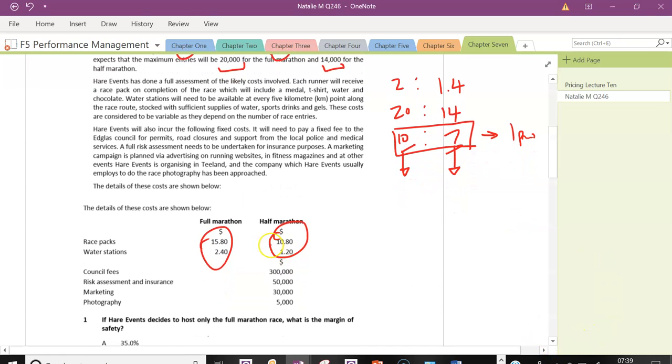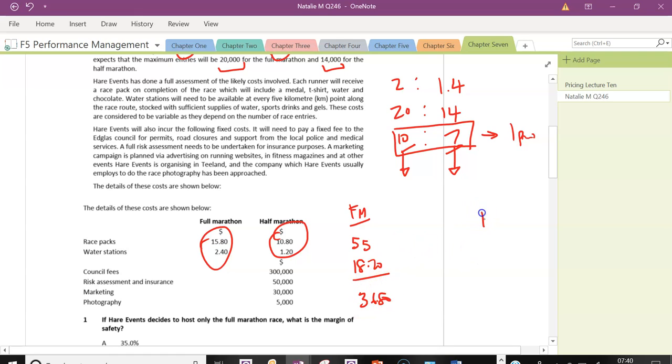So this very first question. Quickly, looking at this, we find that the full, you've done this already. The full marathon had a contribution of 55 minus 18 pound 20, which was, sorry, let me just get my calculator. 55 minus 18 pound 20, which was 36 pound 80.